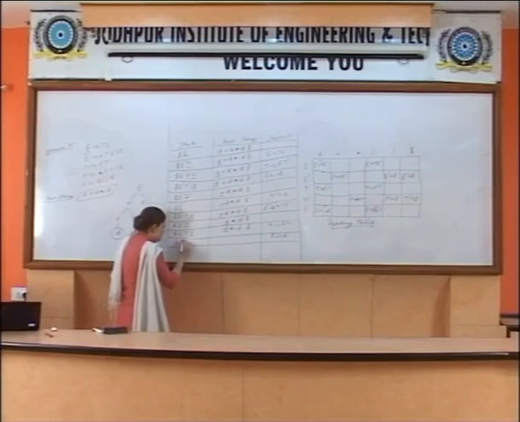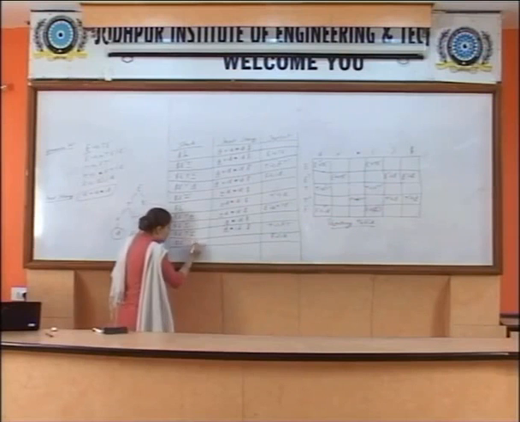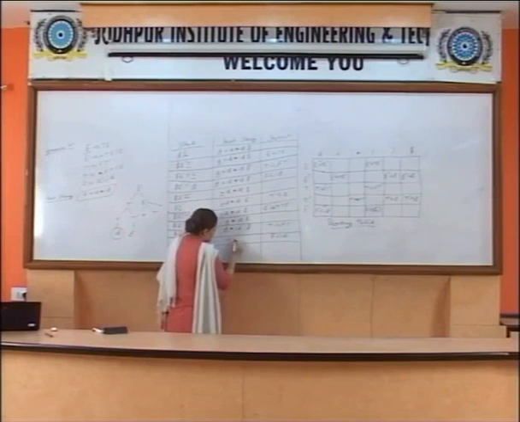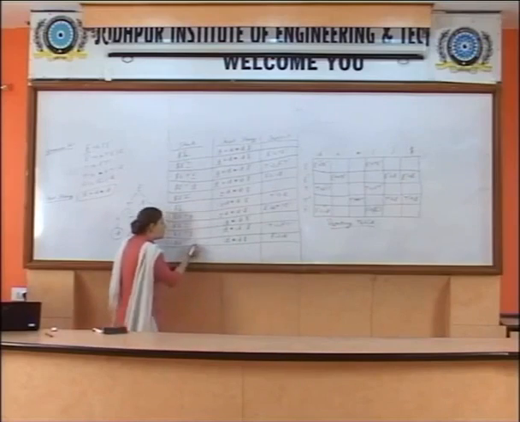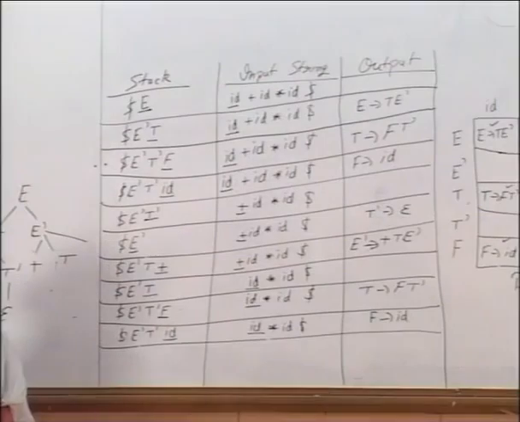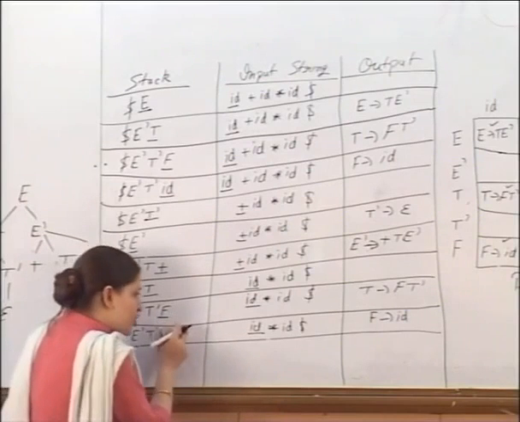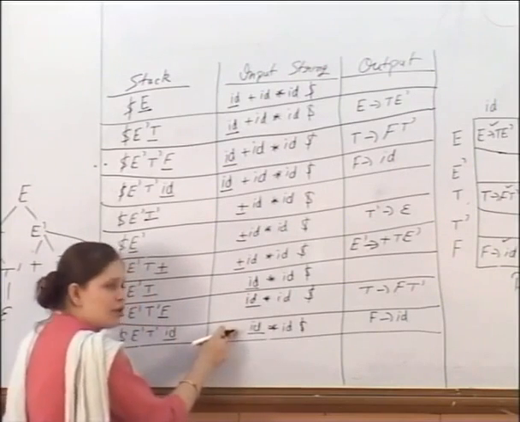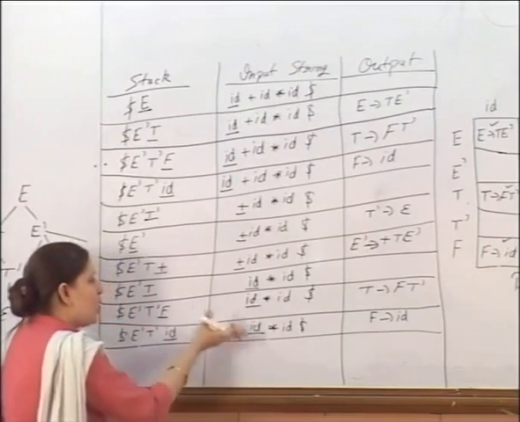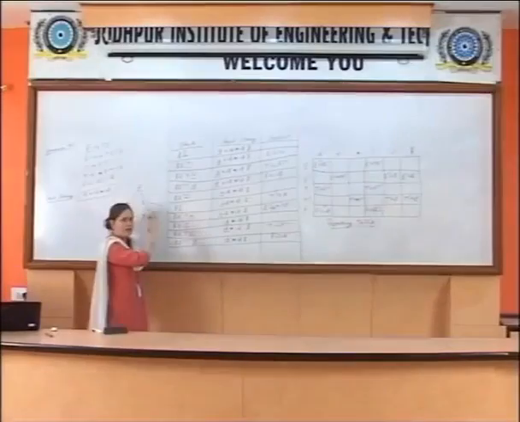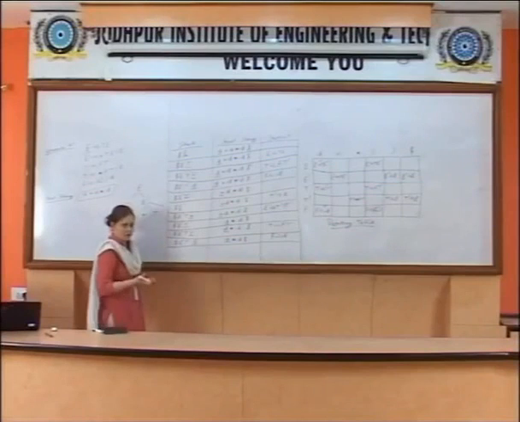Dollar E dash T dash, ID into ID with an end marker. This is the current input symbol and this is the value at the top of the stack. So now this is a terminal symbol. It will be checked against the current input symbol. They both match. That means pop both of them from the stack and from the input buffer.